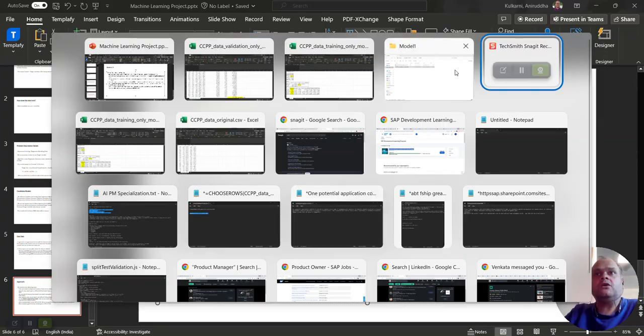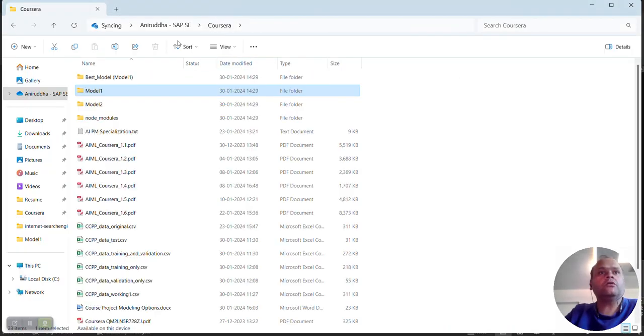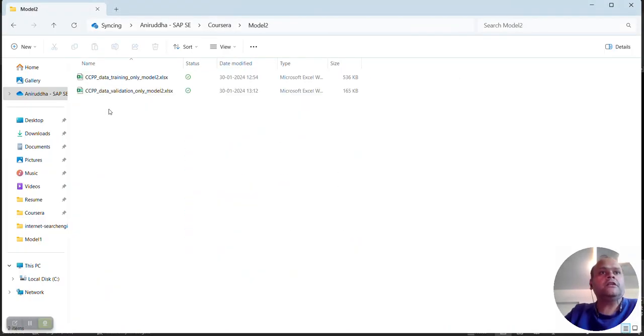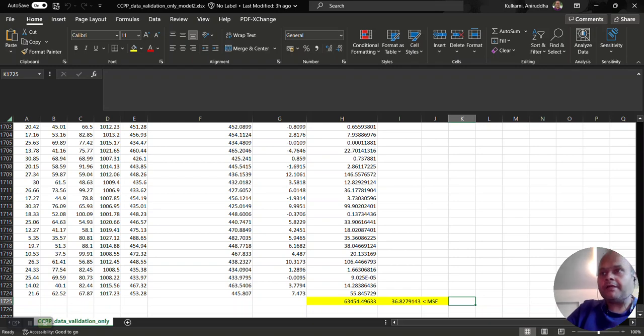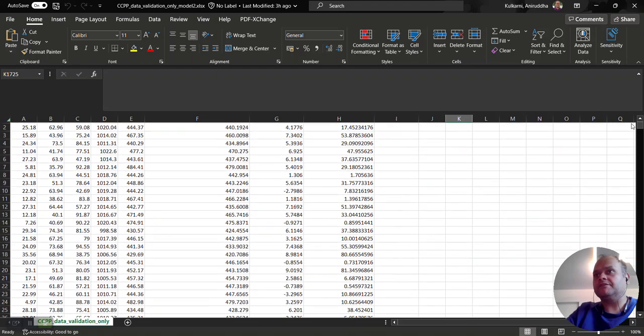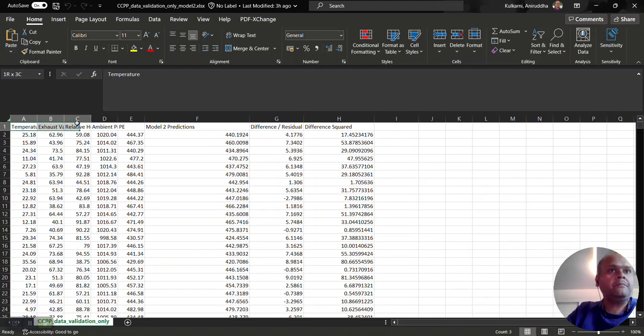Let's see how model 2 did on the validation data. So I open this up, and we have a similar thing here as well. So this is the same validation data set, model 2 predictions.